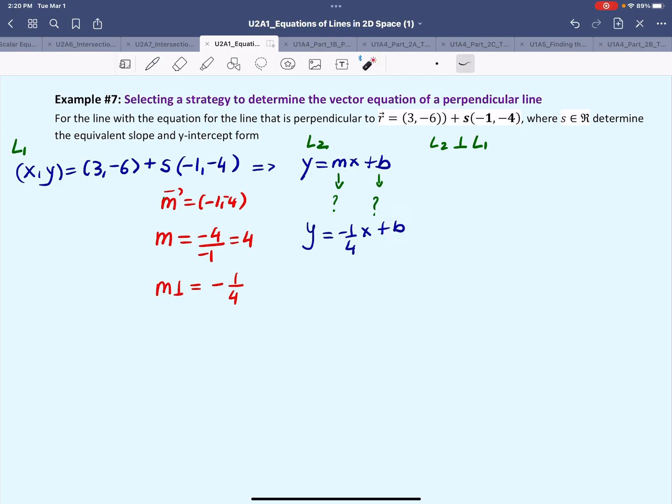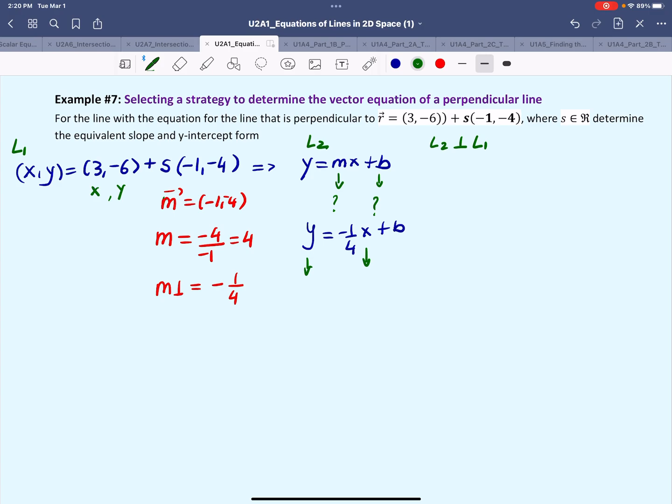But what we do know is that the two lines, L1 and L2, are perpendicular to each other. If two lines are perpendicular to each other, they must have a common point. Since we're not asked for a specific line, just any perpendicular, we can choose to draw the perpendicular exactly at the head of the direction vector here, (3, -6). So we can use the coordinates x and y of the vector form of this equation and substitute them into the slope y-intercept form of the perpendicular.